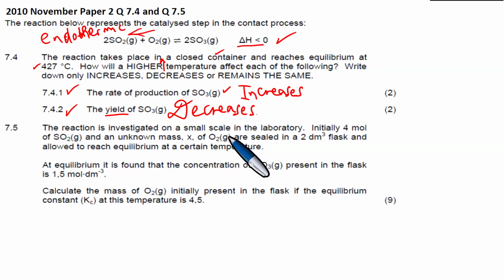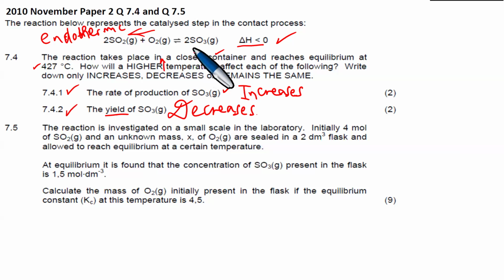So this is what really happens. The yield decreases because the reverse reaction is favored, because the endothermic reaction is favored, since the forward reaction is exothermic. So the reverse is favored, meaning the SO3 is going to be eaten up.